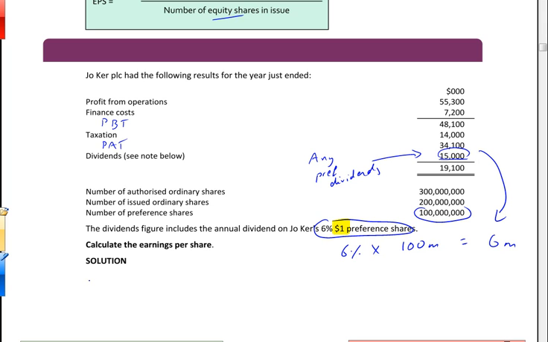So we want to work out our profit after tax and preference dividends. So we start with our profit after tax number, which is 34.1 million.